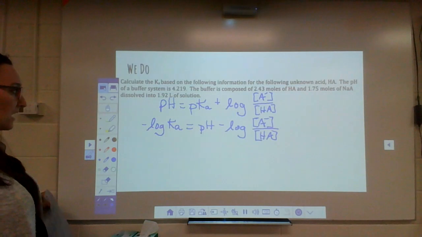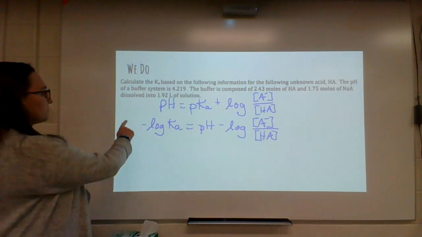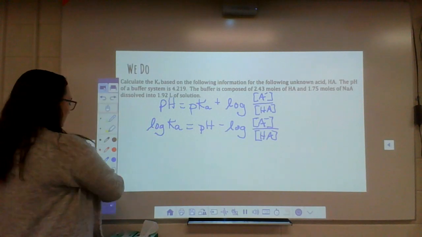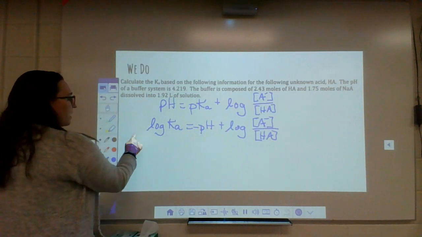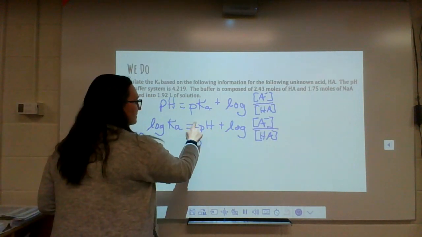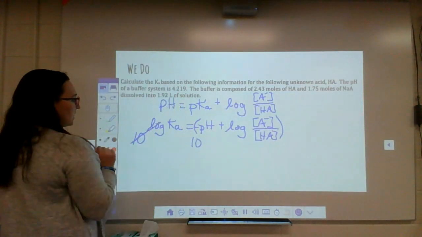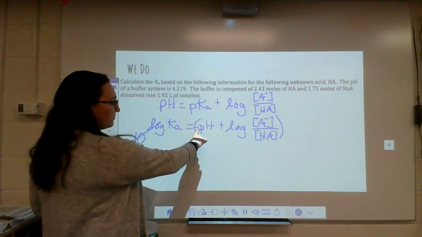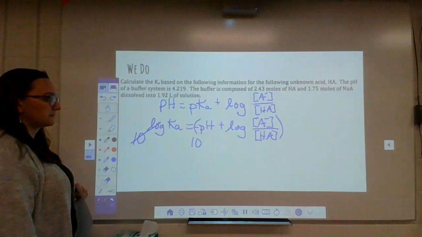Then, in order to get rid of this log, I'm going to multiply both sides by -1 first. So I'm going to change my signs. And then I'm going to do 10 to the power of both sides. So this 10 to the power cancels this, and I'll have Ka is equal to 10 to the power of negative pH plus the log of the ratio of the concentrations.